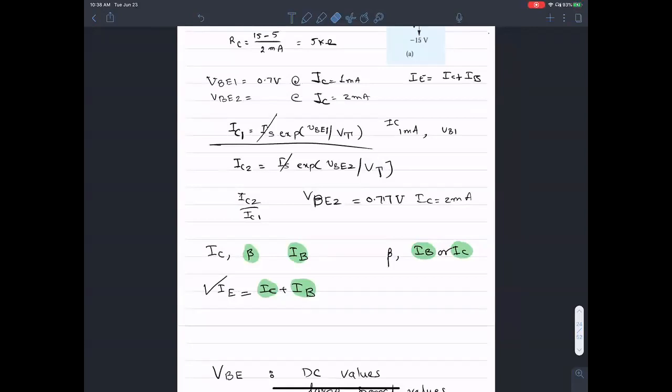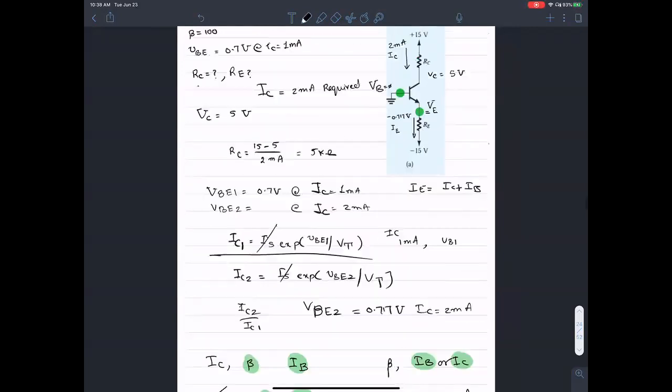Once we have that, we should be able to find the value of I emitter, which comes out to be 2.02 milliamperes. IC is 2 milliamperes.